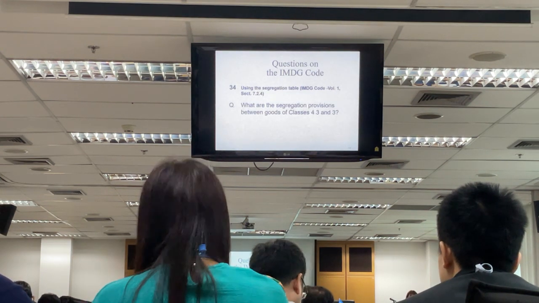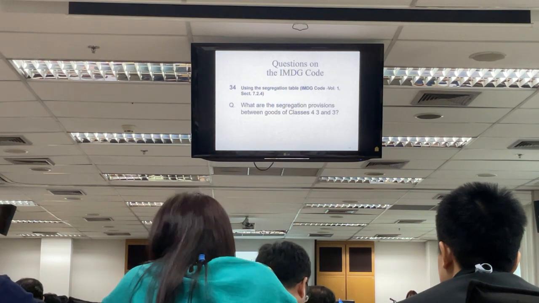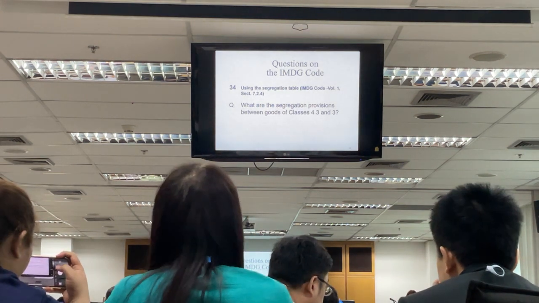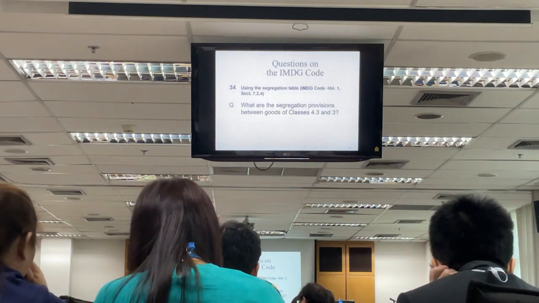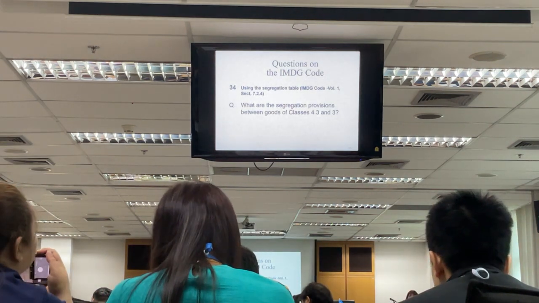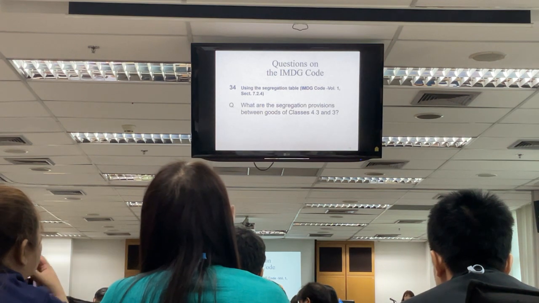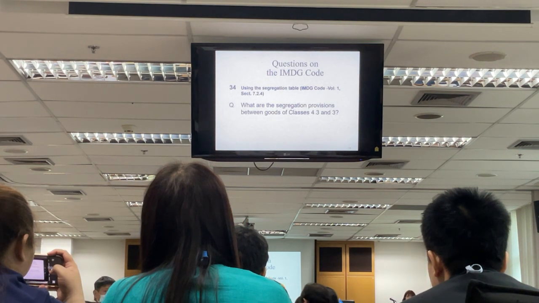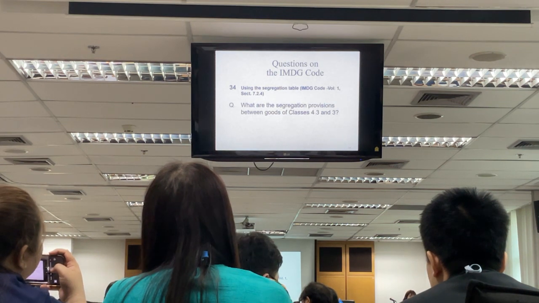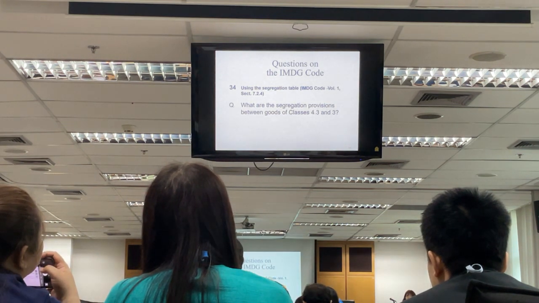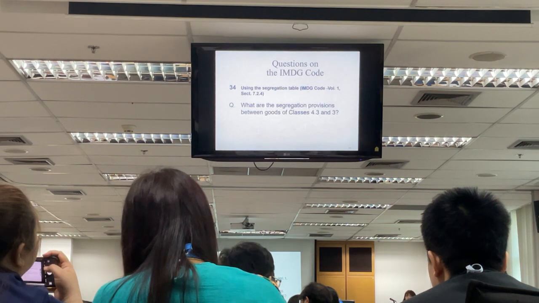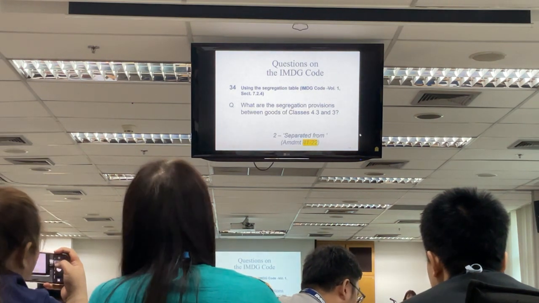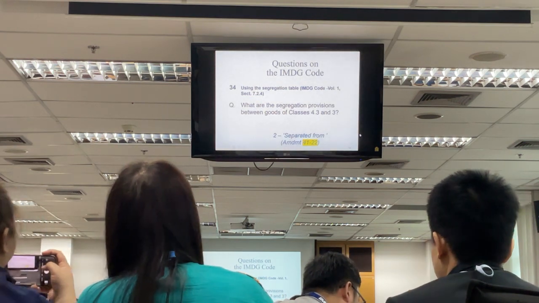34. Using the segregation table, IMDG Code Volume 1, 7.2.4. What are the segregation provisions between goods of classes 4, 3 and 3? I'm waiting. Did you check with the table? Yeah, just check and tell me. I don't remember it at the moment. Say yeah. Separated from. Okay.